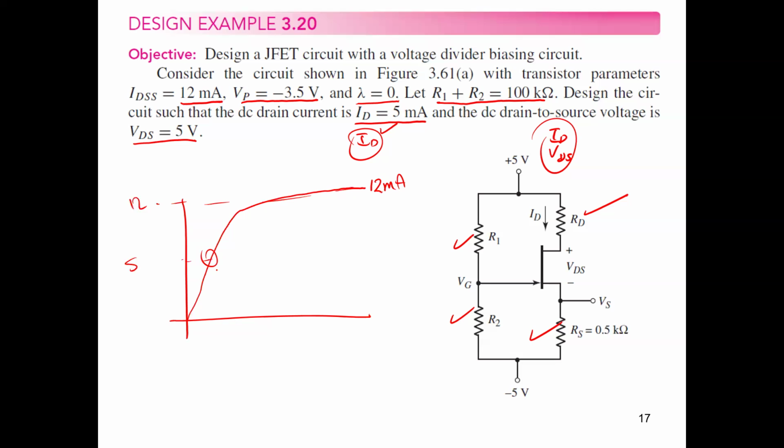So this is possible. However, this should be with a very low value of V_DS, and this is not the case because V_DS is 5 volts, which is relatively high. So this means, guys, we are not working at V_GS equals 0. Most probably this will be another curve.